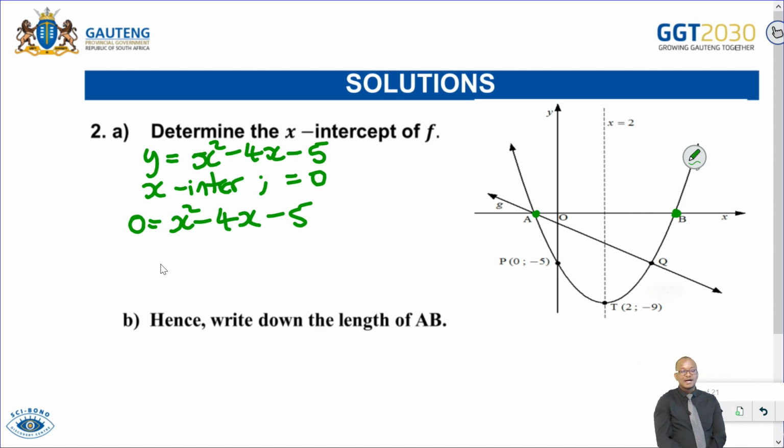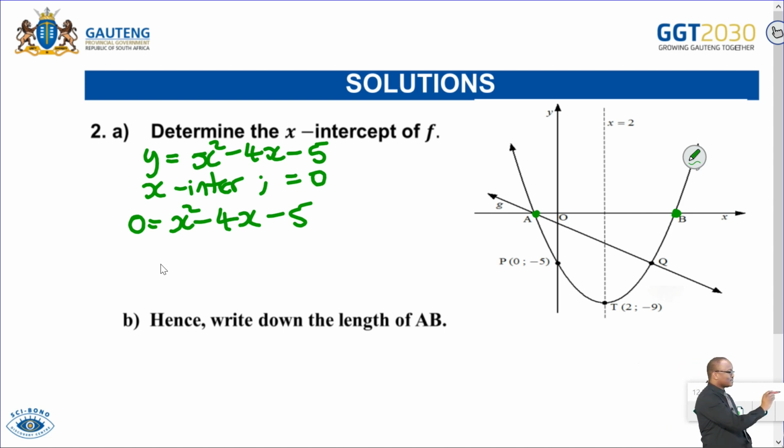I know most of the learners know how to factorize. We can factorize at this point, but to be on the safe side, if you're still struggling with factorization in terms of determining the signs and factors of 5 that can give you 4, then we go for the quadratic formula.